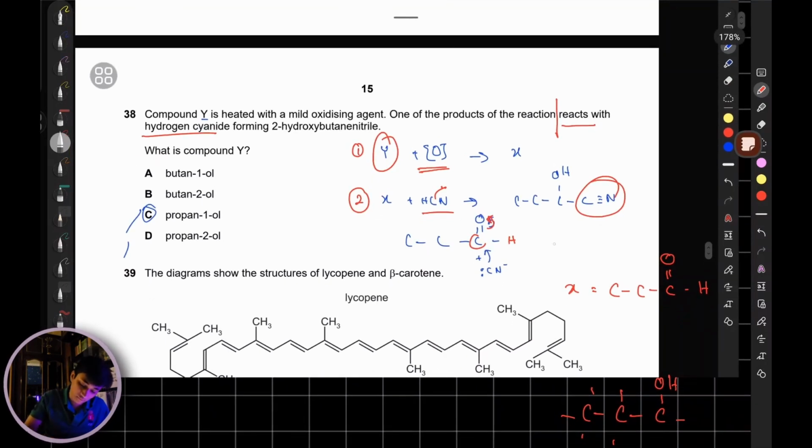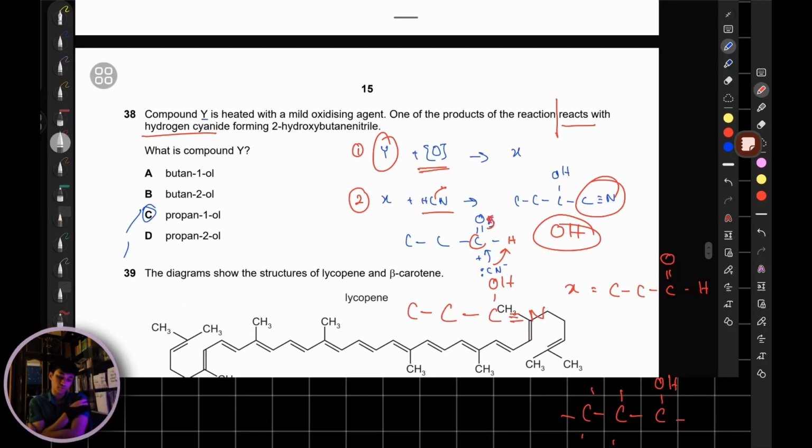In that case, the oxygen will have a negative charge, and it's going to attract a hydrogen and form an OH bond.